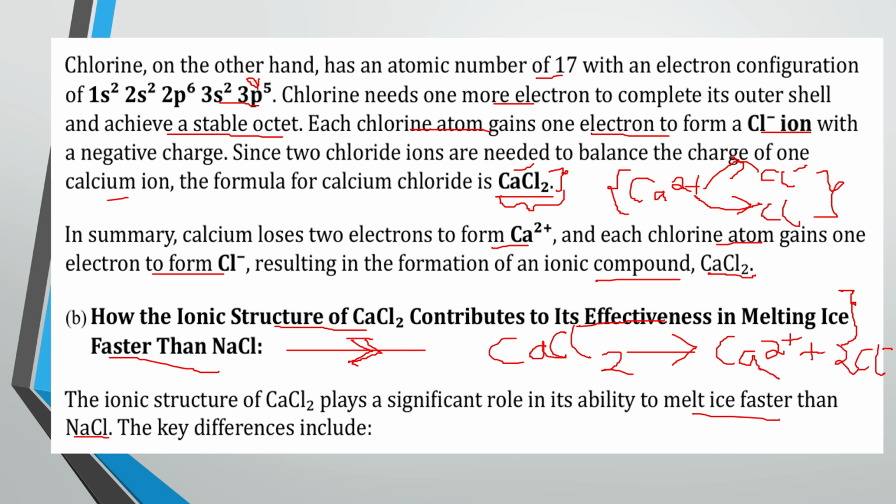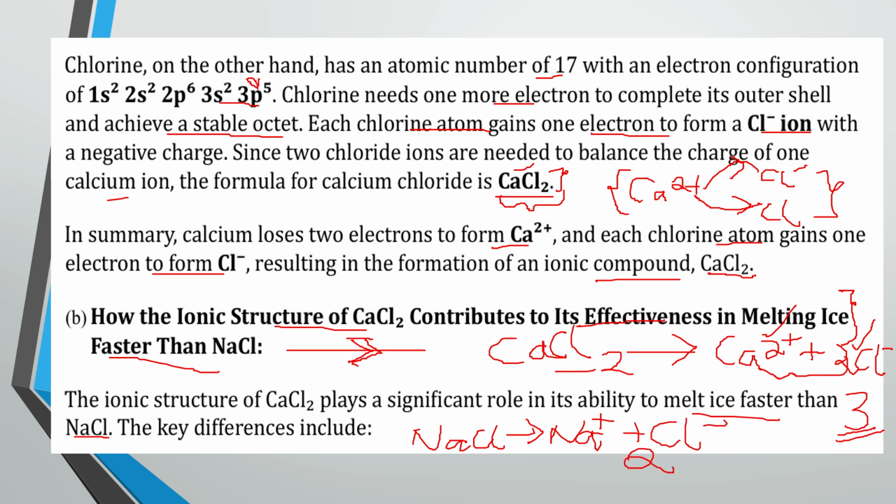So the total ions formed by dissolution of calcium chloride are 3, because you have 2 chloride ions together with one calcium ion. But if sodium chloride dissociates in solution, we only get 2 ions: a sodium ion together with 1 chloride ion.